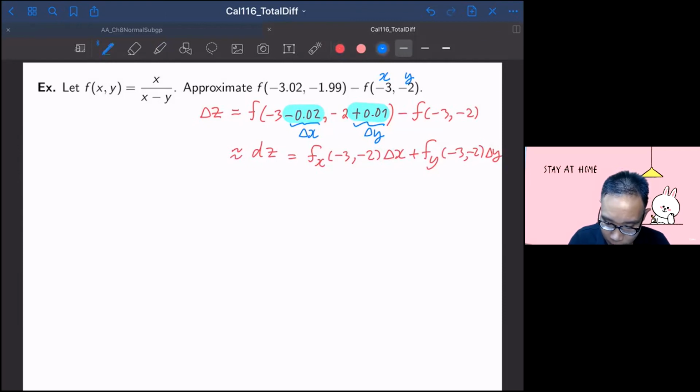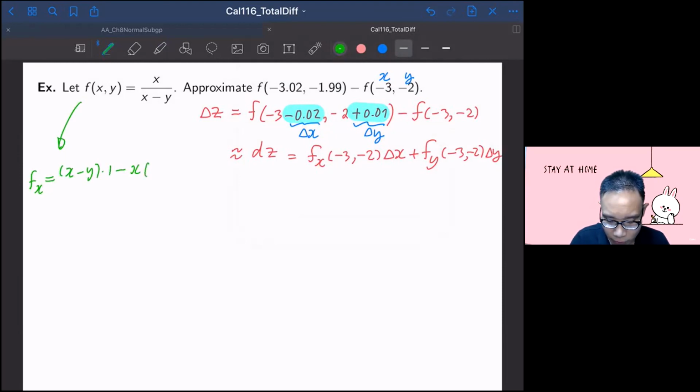Let me compute them. So you have your function f here. In order to obtain fx, you're going to differentiate using the quotient rule. So it's going to be the bottom times the derivative of the top, minus the top times the derivative of the bottom.